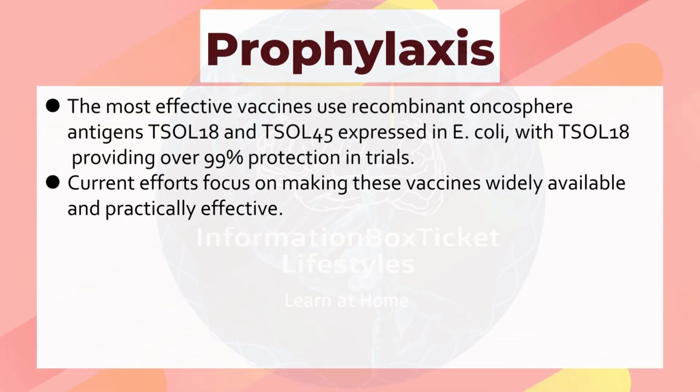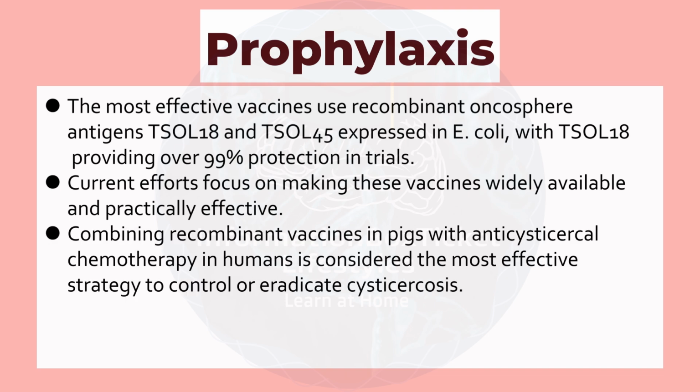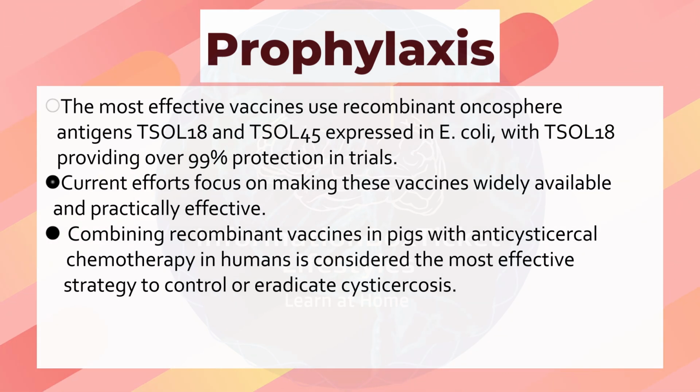Current efforts focus on making these vaccines widely available and practically effective. Combining recombinant vaccines in pigs with anti-cysticercal chemotherapy in humans is considered the most effective strategy to control or eradicate cysticercosis.